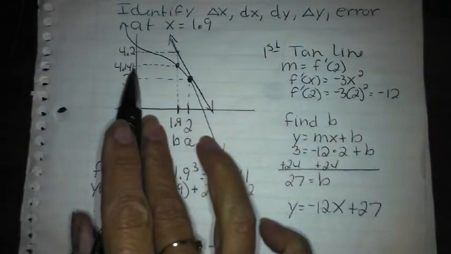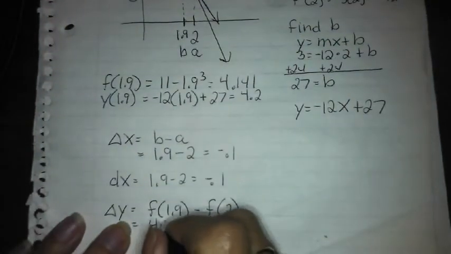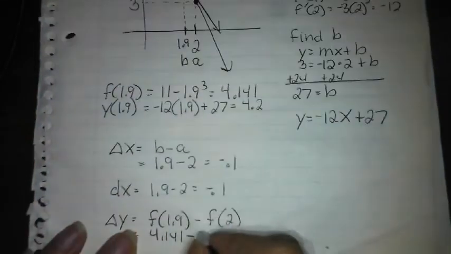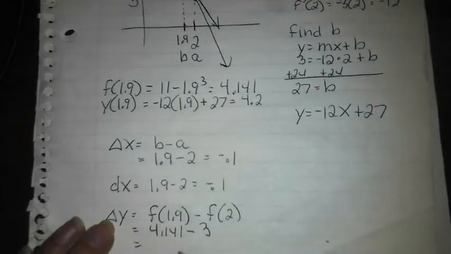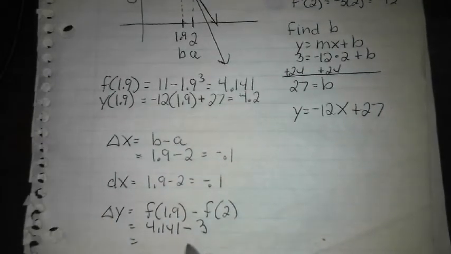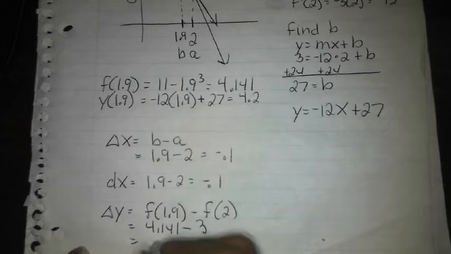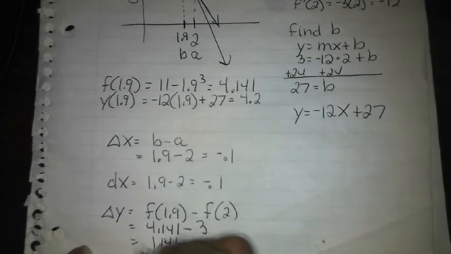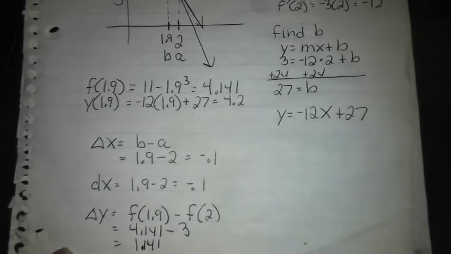The f of 1.9 was the 4.141, and then the f of 2 was 3. And then get a difference there. Delta y is 1.141.